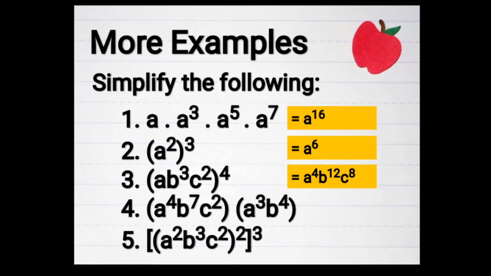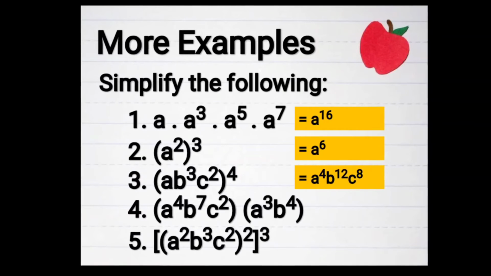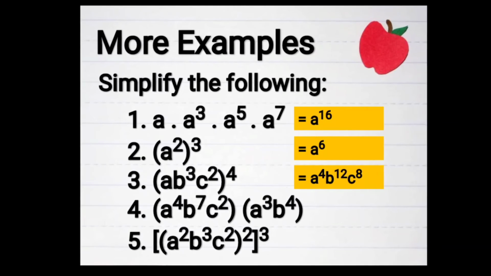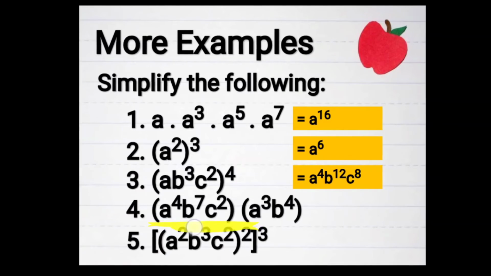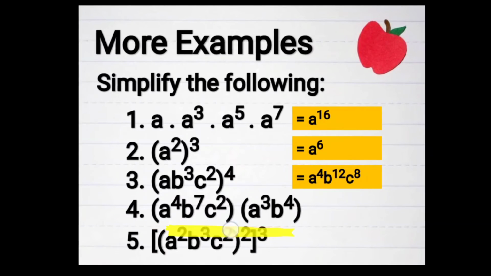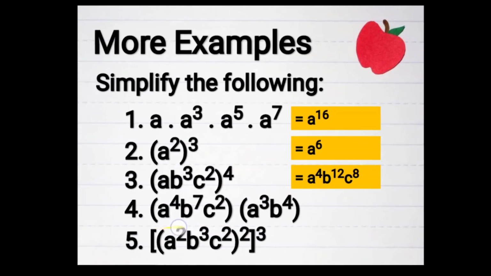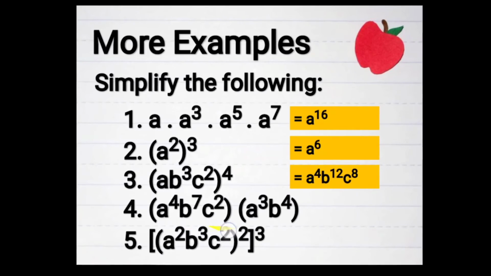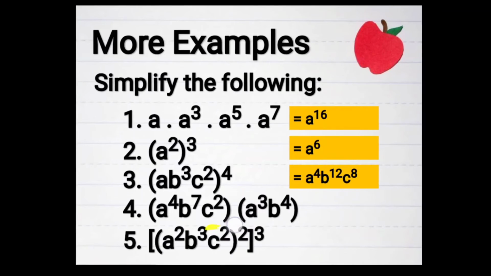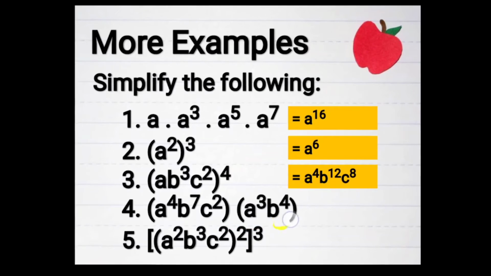Then, for number 4, as you can see, in this case, we can apply the first law. Okay? Because if we read this problem, we have a to the 4th power times b to the 7th power times c to the second power times a cubed times b to the 4th power.